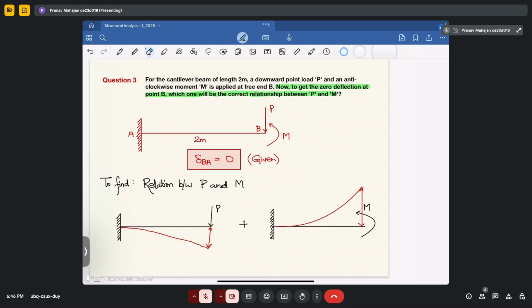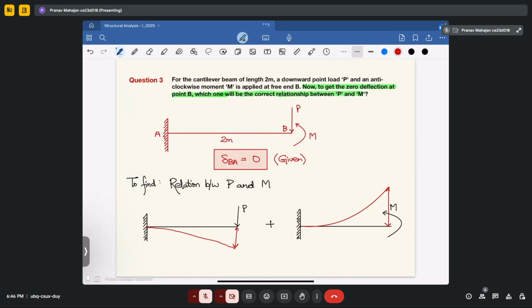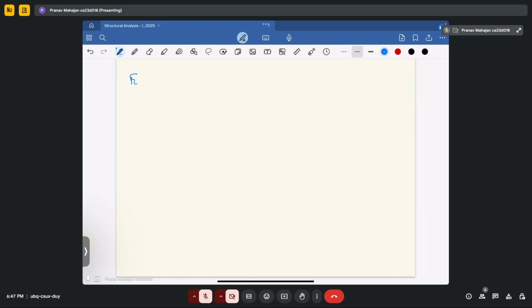So let's mark them. Suppose this is your first case and this is your second case. So for case 1, using standard results, what will be the deflection? If I write delta at B due to point load P, that will be equal to PL cube upon 3EI.